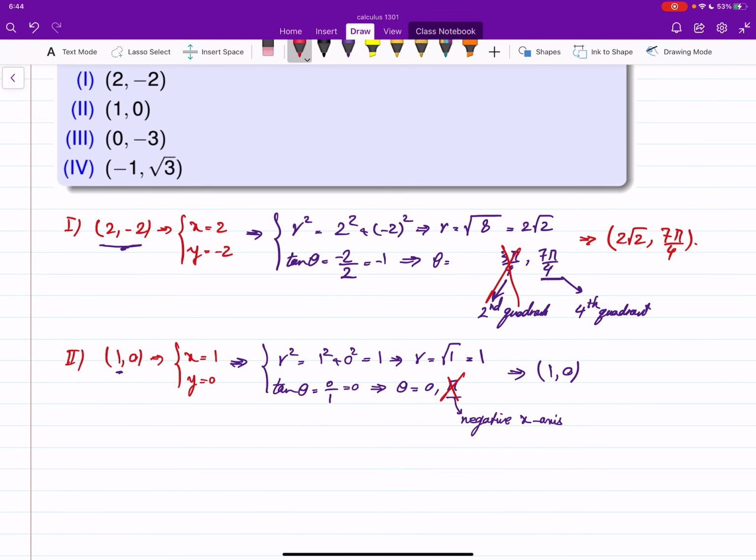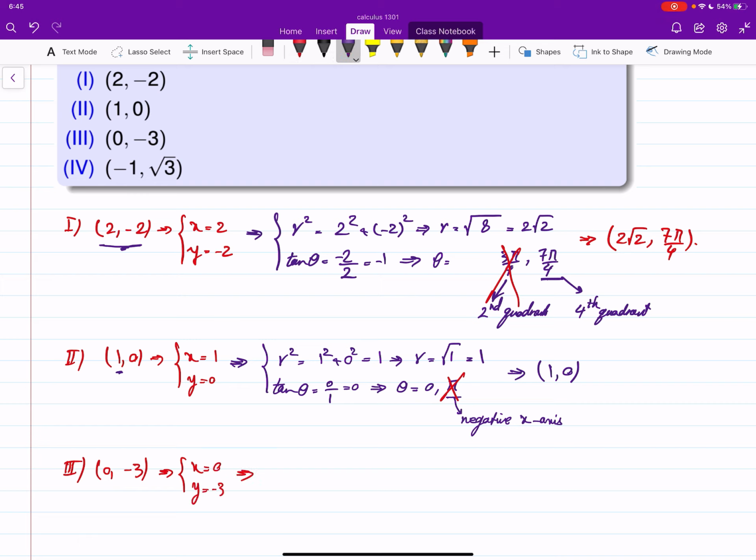And the third one here, 0 and negative 3. So x is 0, y is negative 3. And you go from there, you see that r squared is going to be 0 squared plus negative 3 squared.